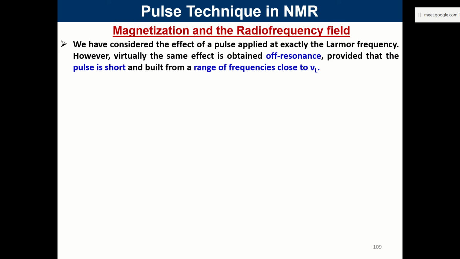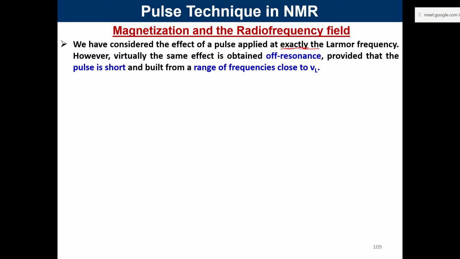So we have considered the Larmor frequency. When we apply B naught, the static field, it starts precessing with a frequency that is the Larmor frequency, and we also considered that the radio frequency pulse being applied has an oscillation that is nearly, almost exactly the same.